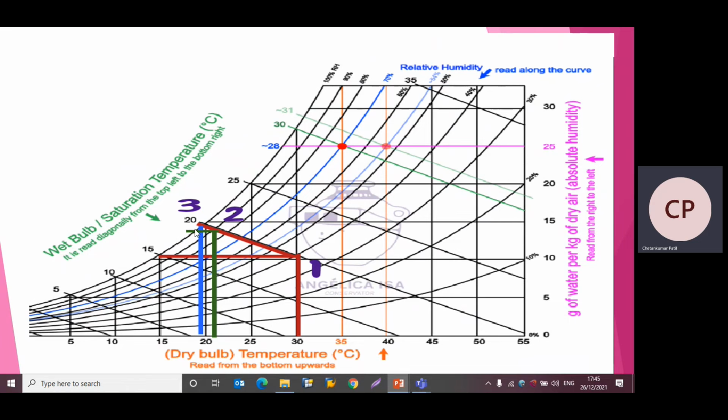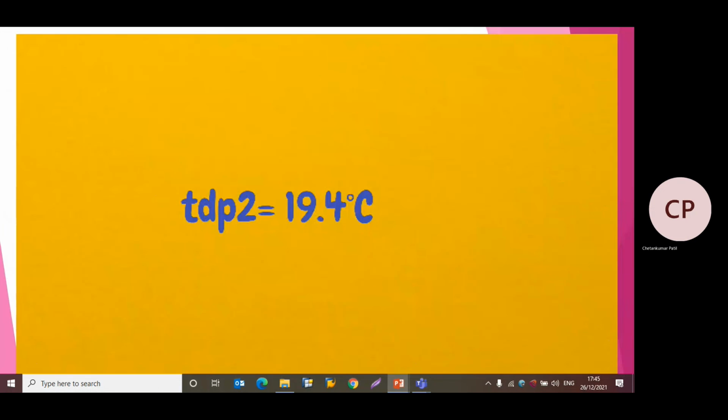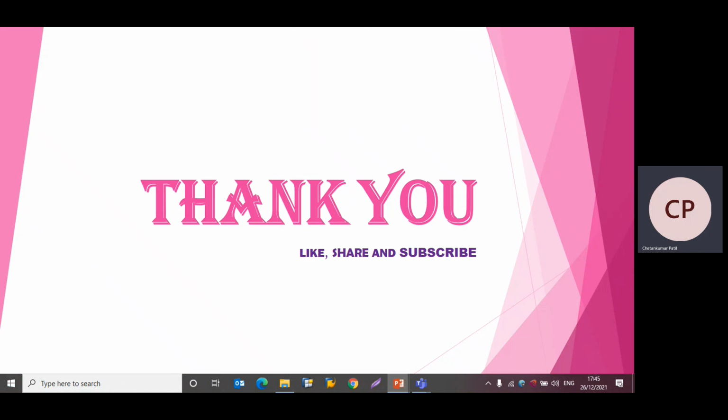What is that temperature? It is equal to 19.4 degrees Celsius. So we have to note this down: the dew point temperature at point 2, TDP2, is equal to 19.4 degrees Celsius.